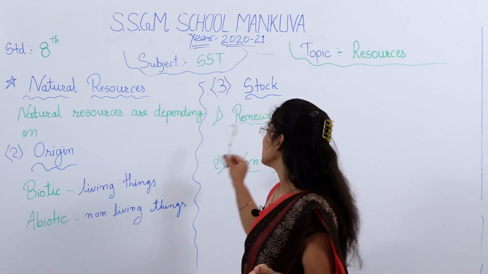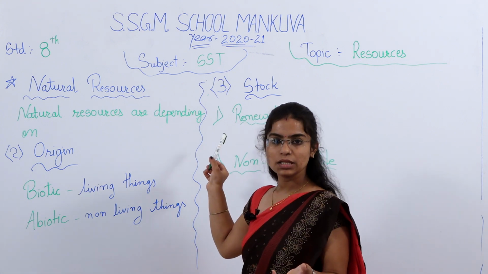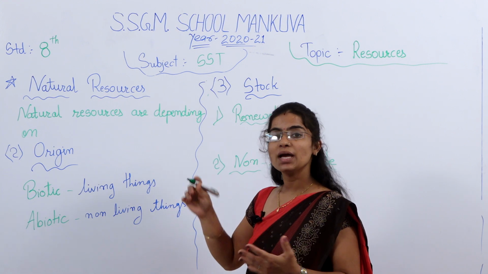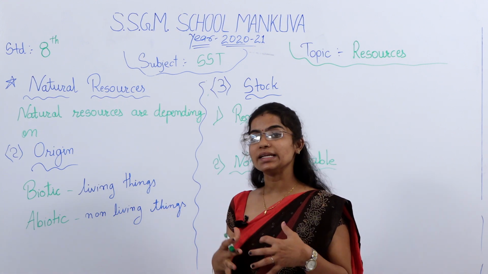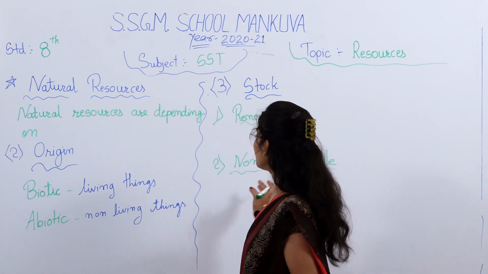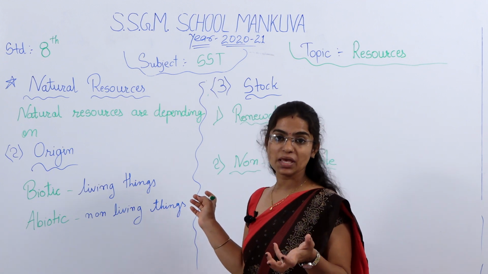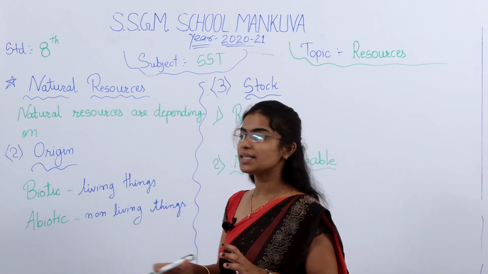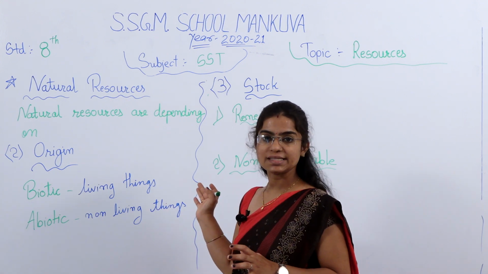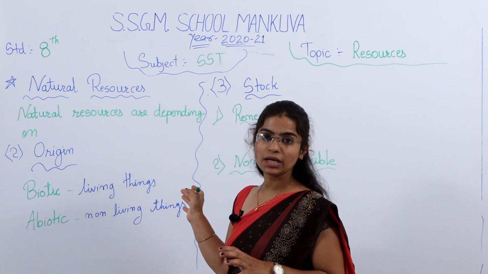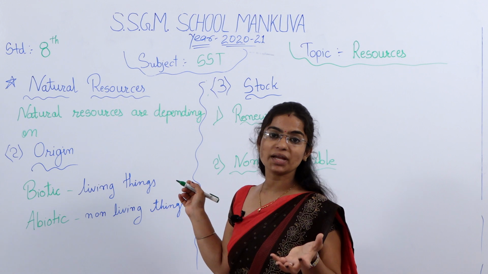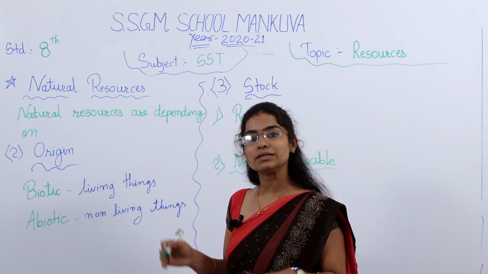Yes, renewable means the resources we can use again and again, okay? And non-renewable resources means we can't use them again. We can use them only once. And if we want to use them again, then we have to wait for thousands of years.